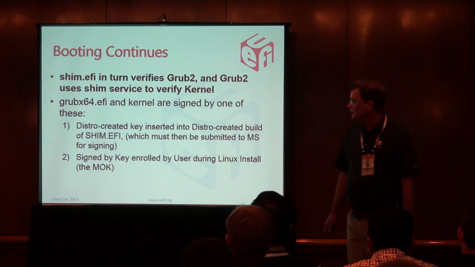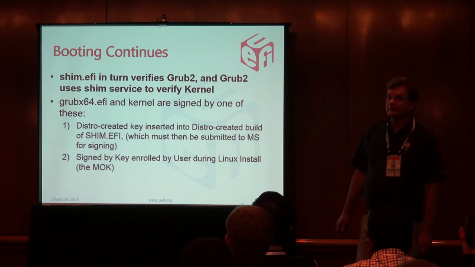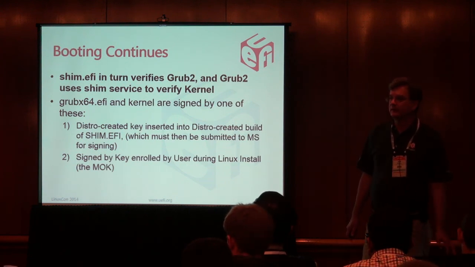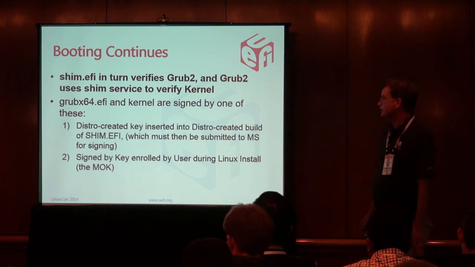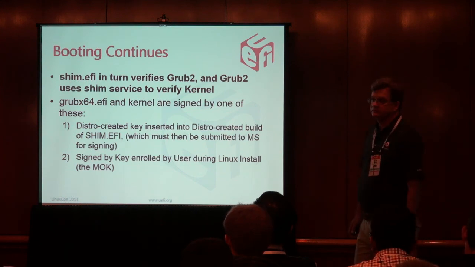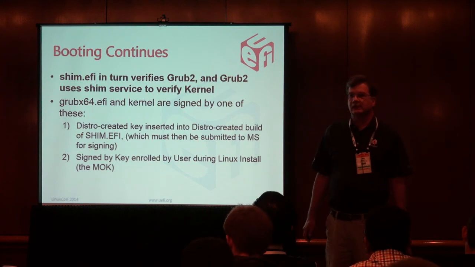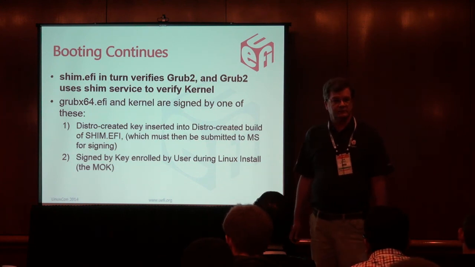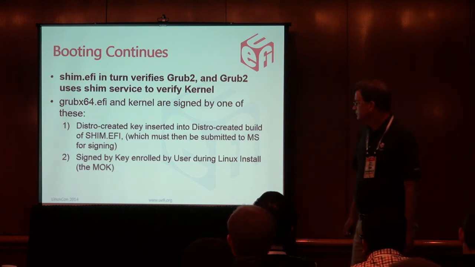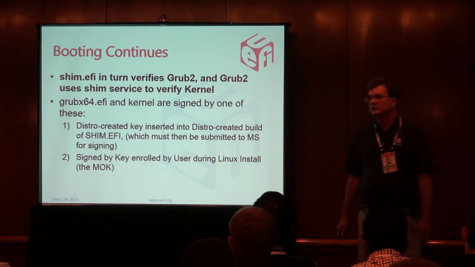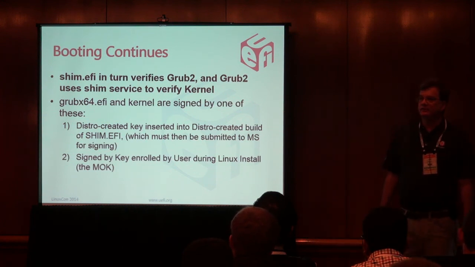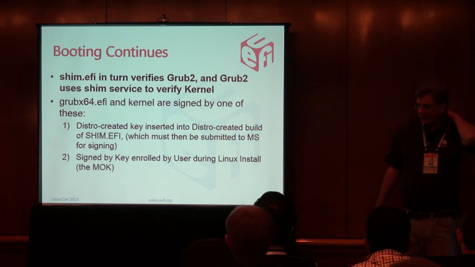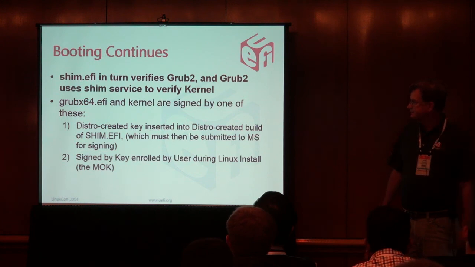So grubx64.efi, in this case, can be signed by a distro-created key. This is a very common strategy. Or it could be signed by a user-enrolled key, an administrator-enrolled key. And this is what we'll call the machine owner key, the MOK.